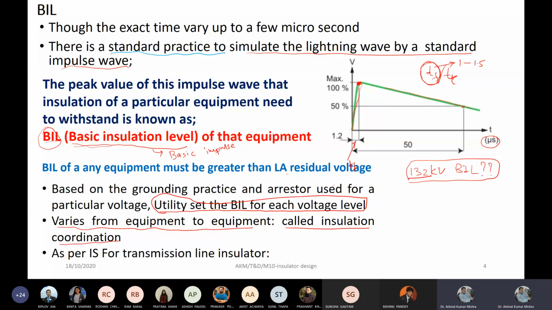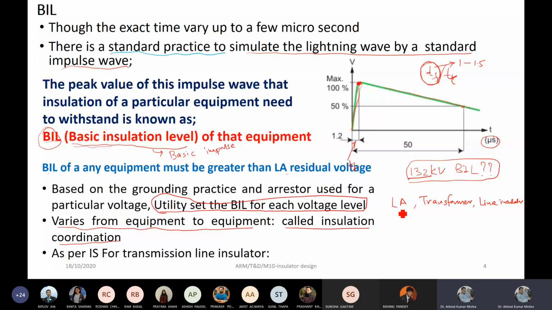For example, if you have a lightning arrestor, and you have a transformer, and you also have a transmission line insulator.